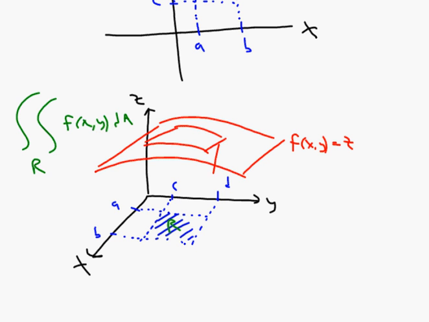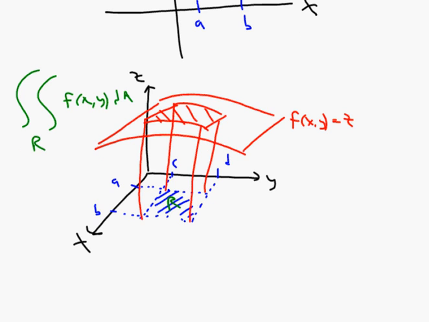There's like a rectangular thing on the top that corresponds to each of the corners of our rectangular region. And that 3D shape almost looks like a rectangular box, but it's got a wavy napkin for a top, so to speak, up here. That thing has a volume, and this double integral calculates that volume.